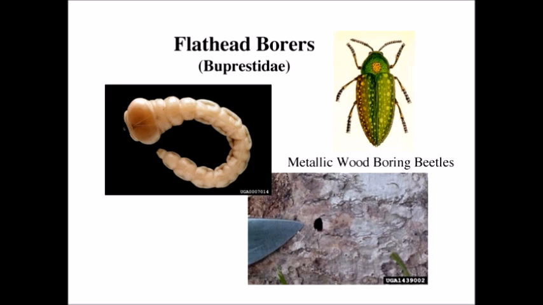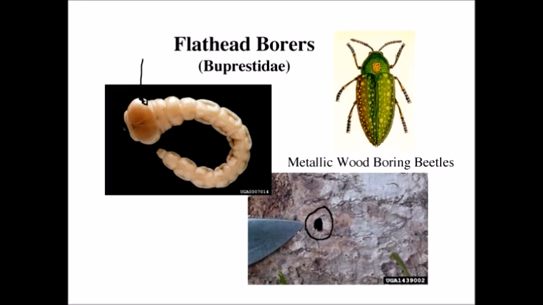Then we have flat-headed borers. These are easily told by this thorax and head area here that is sort of flat from the front anyway. That's why I call them flat-head borers. They're diagnostic here because of this D-shaped exit hole.